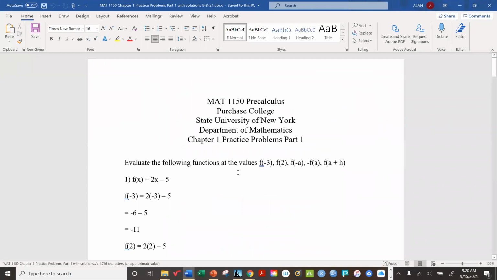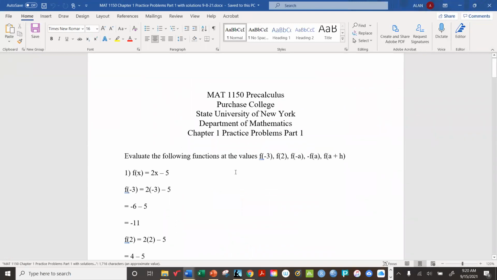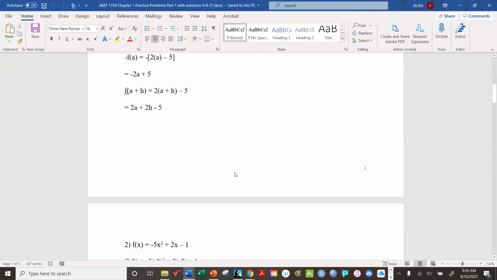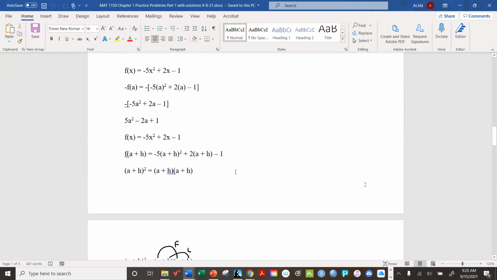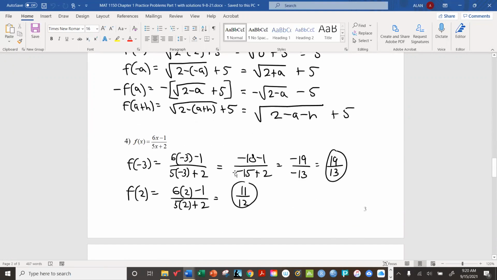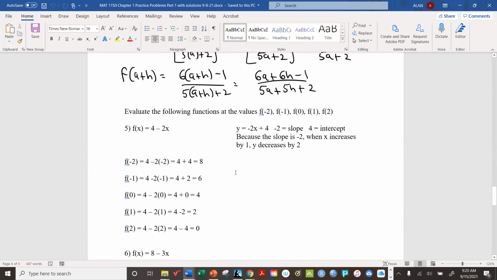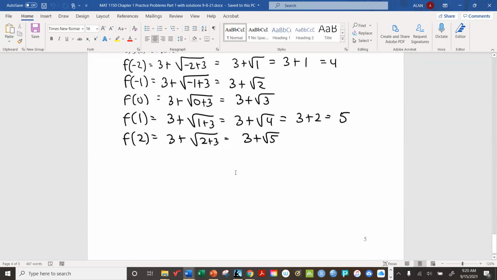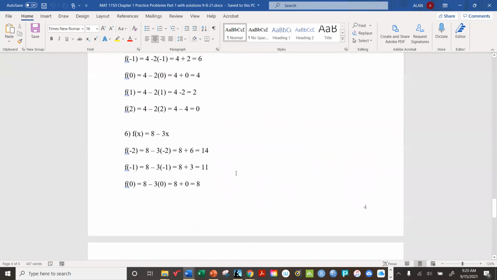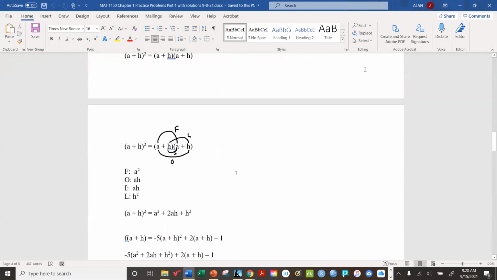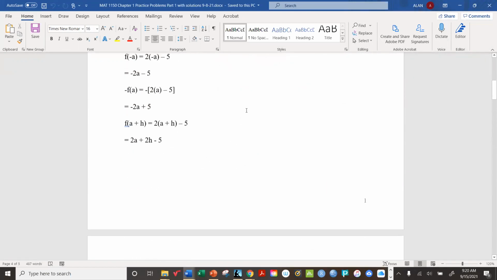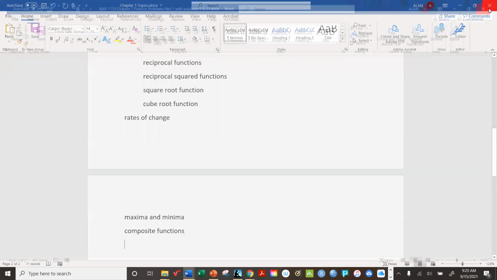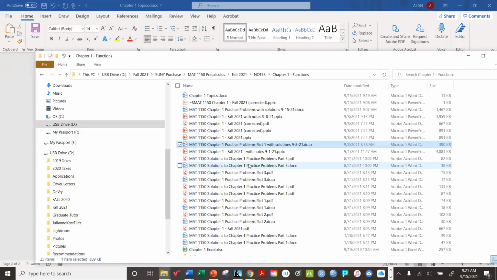So this was evaluating functions, and oh, I think that's all we did. Evaluating functions. Okay, so this one was exclusively based on evaluating functions. So is evaluating functions like mostly finding X or something?